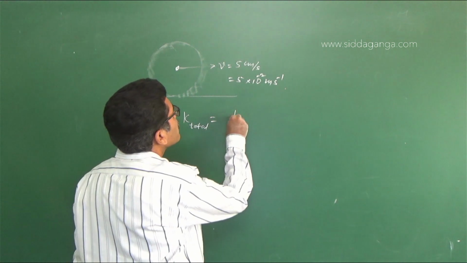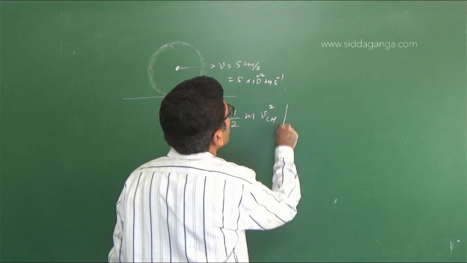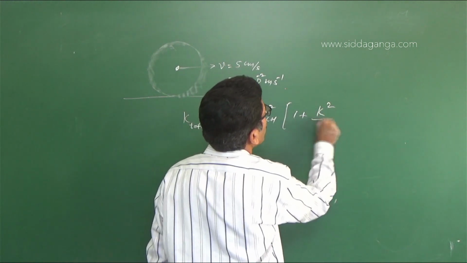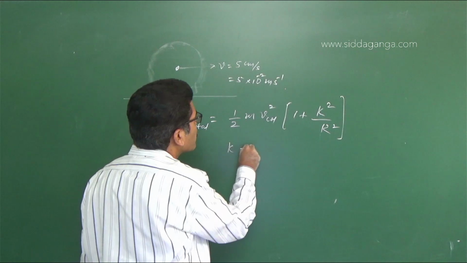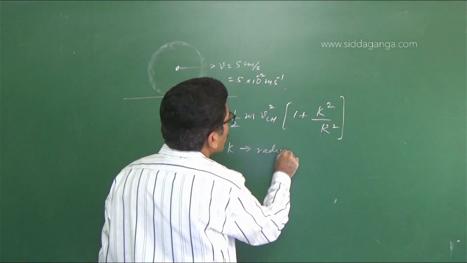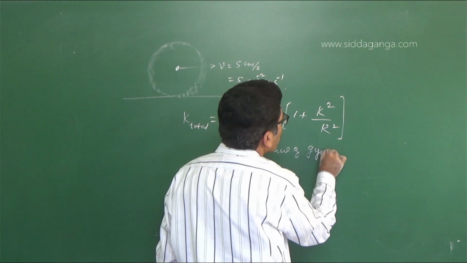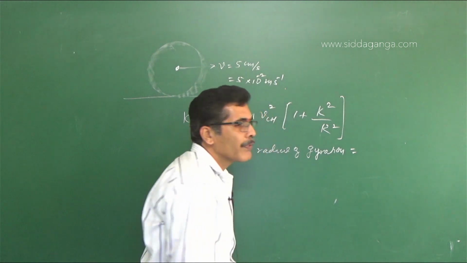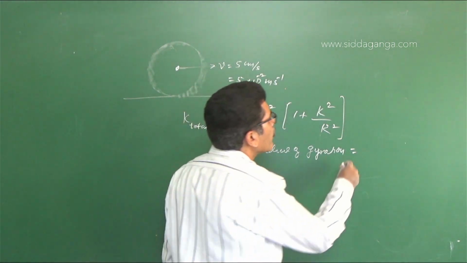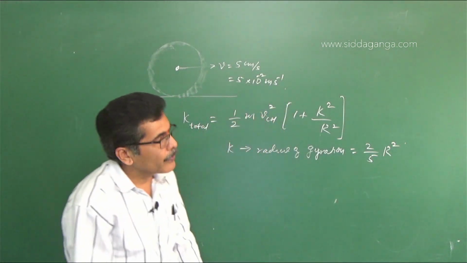Total kinetic energy is given by half m vcm square into 1 plus k square by r square, where k stands for the radius of gyration. For a sphere, k square is 2 by 5 r square.